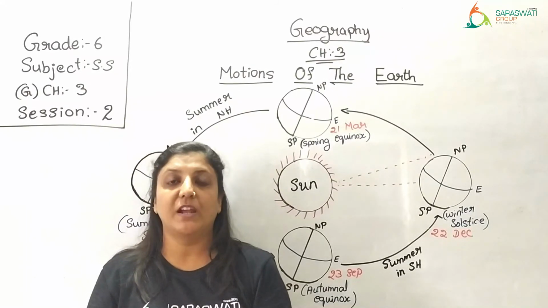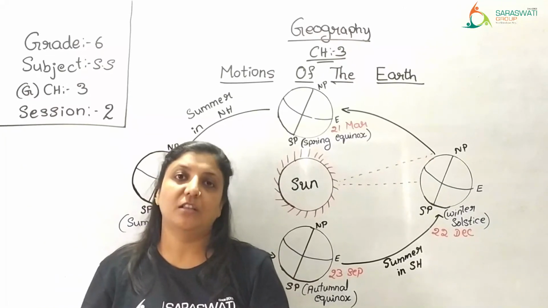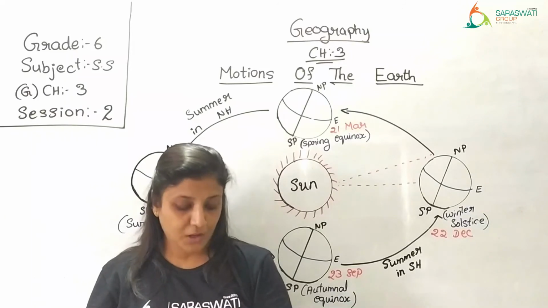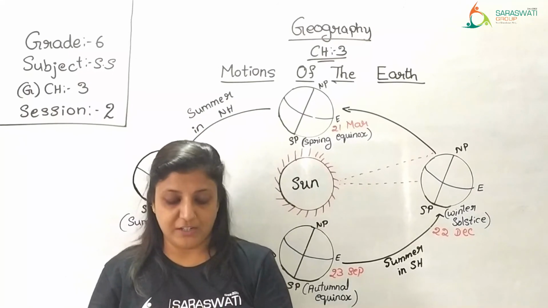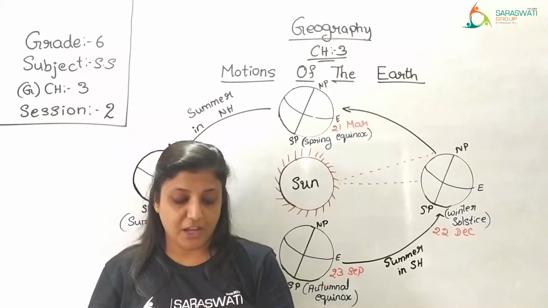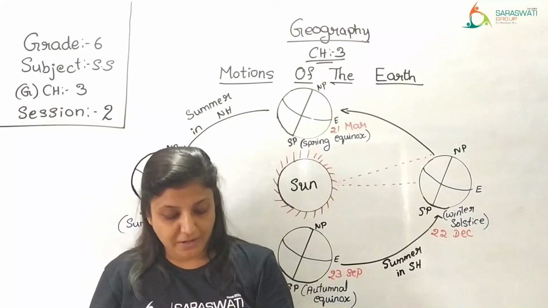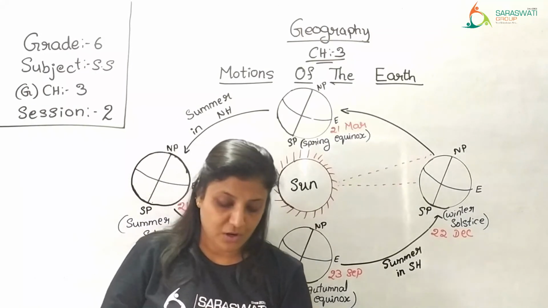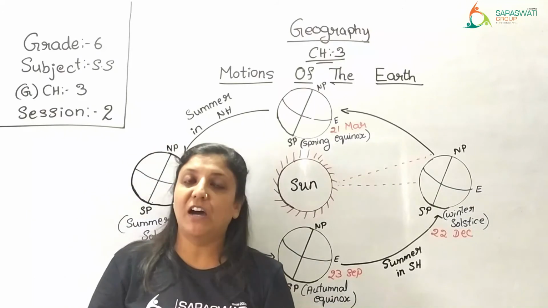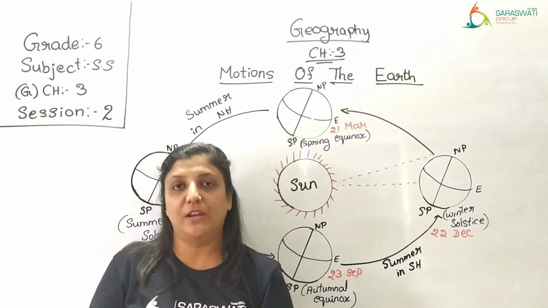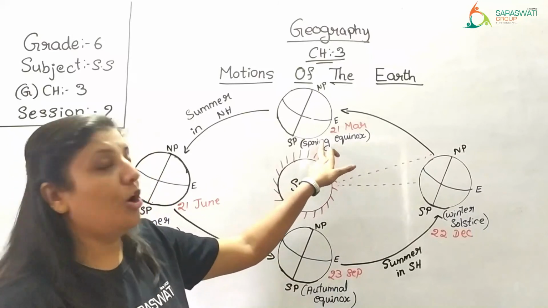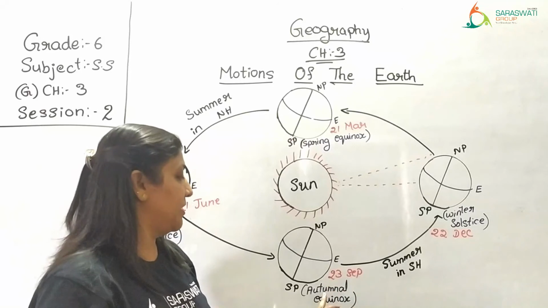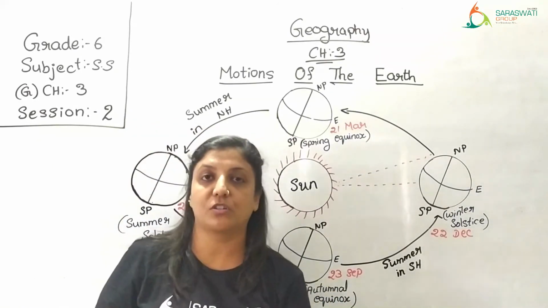Because on these 2 dates, all the parts of the earth will have equal length of day and night. 21st March is called spring or vernal equinox and 23rd September is called autumnal equinox.